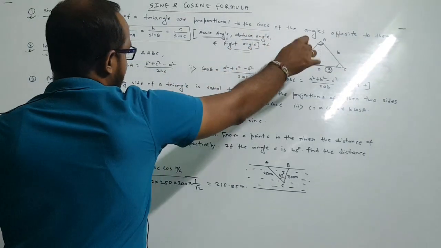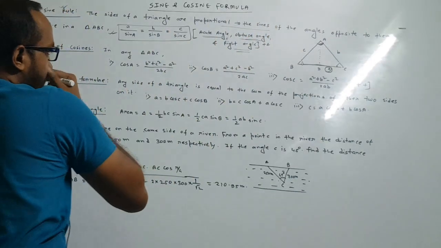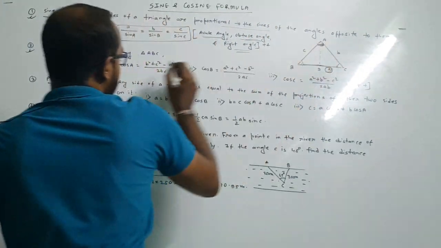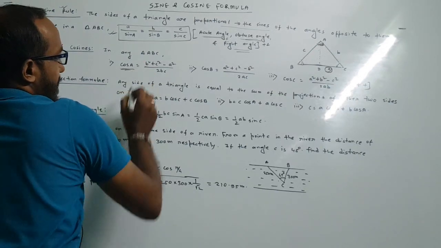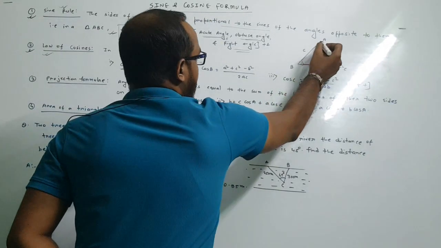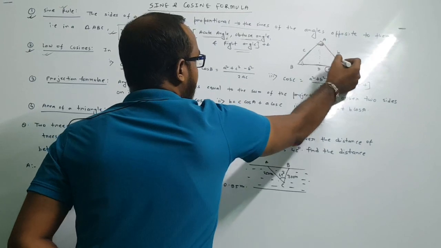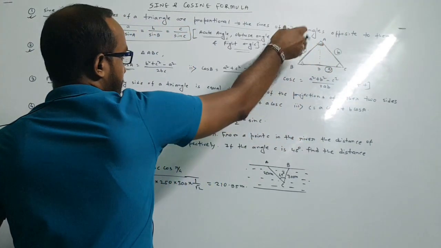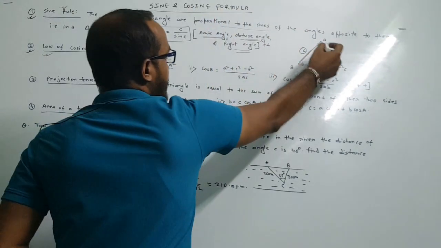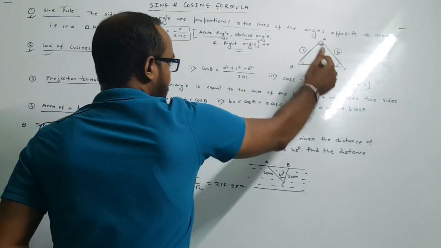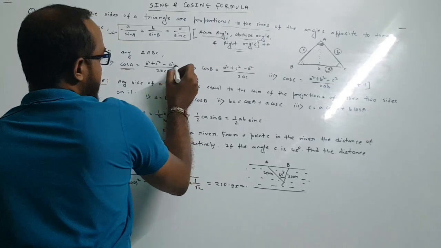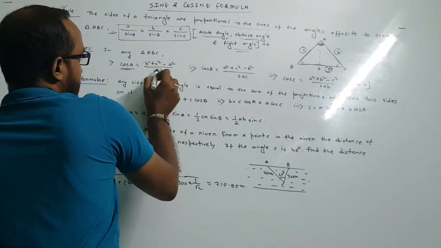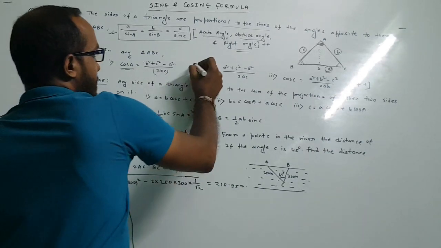In this same triangle, cos of angle A, if you are taking cos of this angle, then add the square of the two sides attached to angle A. See, B square plus C square and minus the opposite side, minus A square, by twice of BC.